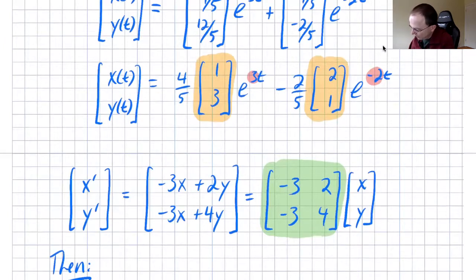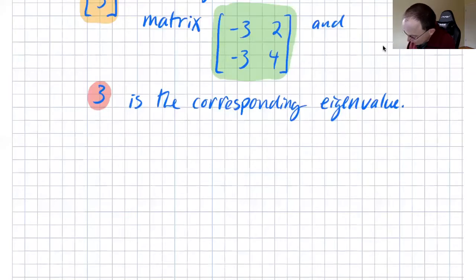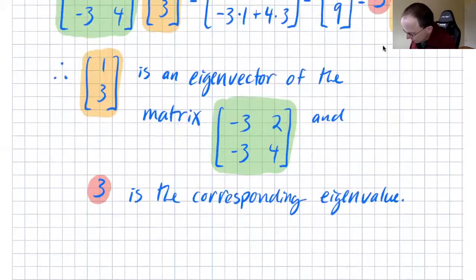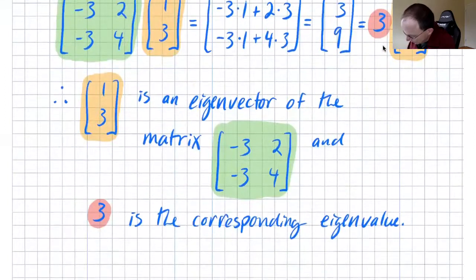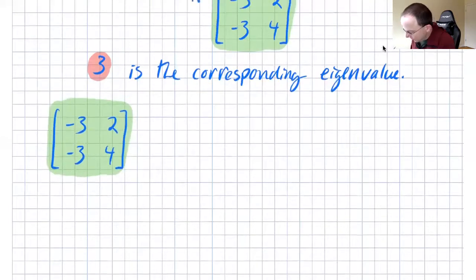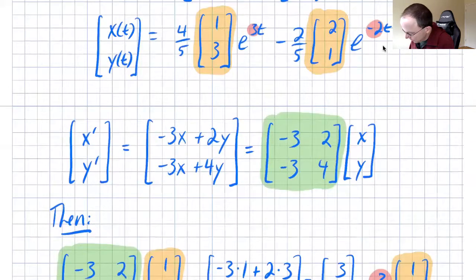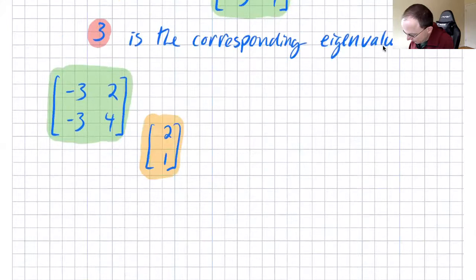And so let's just check again. If we multiply this matrix times this vector, we should get -2 times this vector. So let's see if that works out. Let's take this matrix, put it there, take the other eigenvector, put that there.